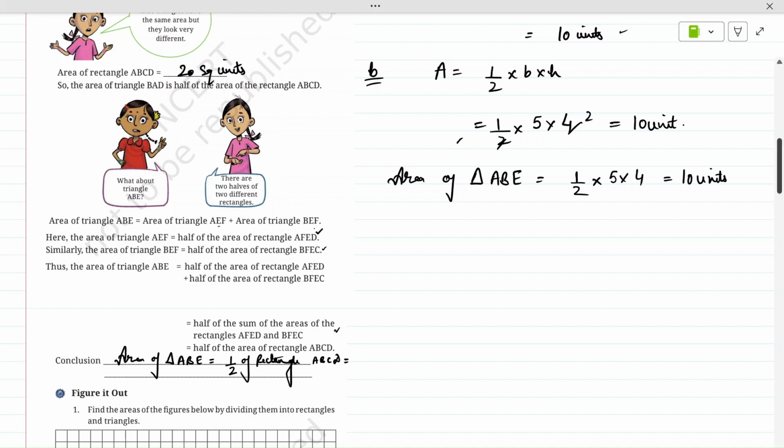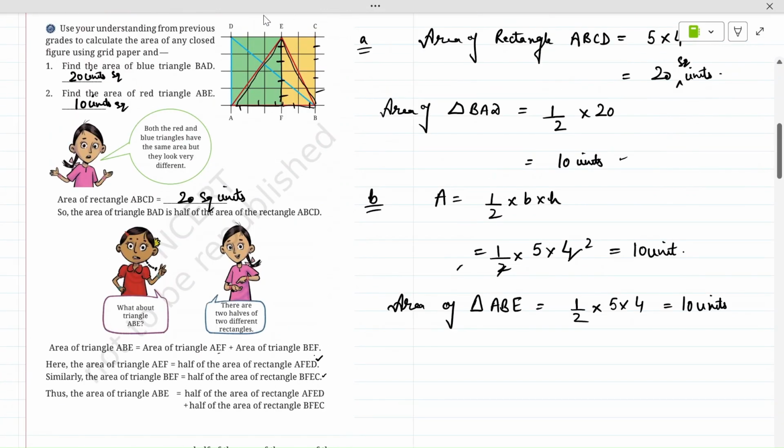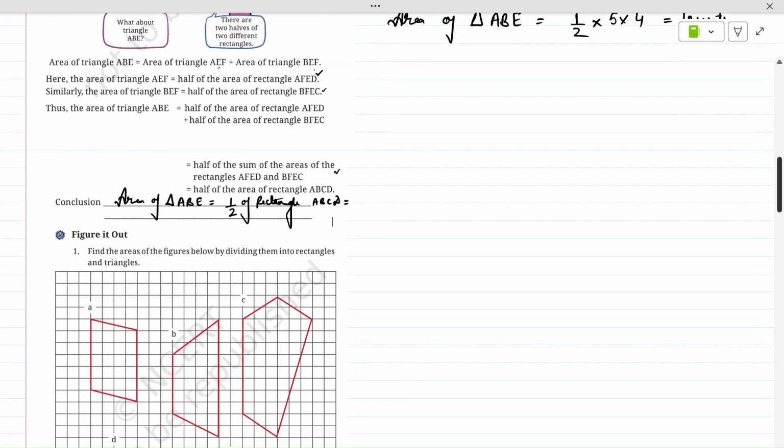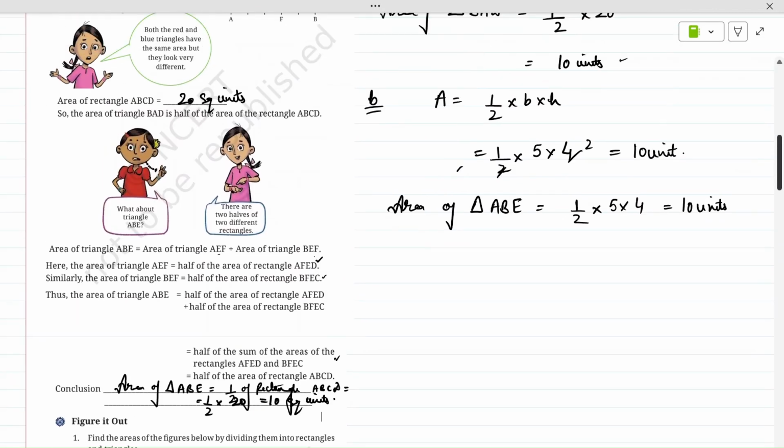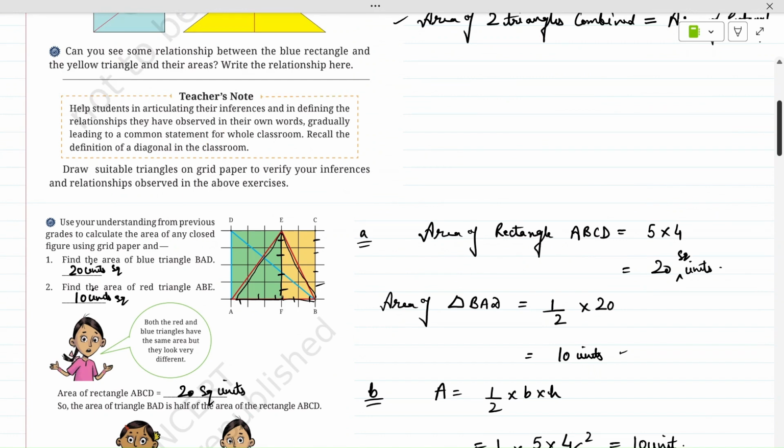Because if you see these two rectangles, the sum of these two rectangles is the complete one. So half of the sum of these two rectangles is half of the complete ABCD. So this is equal to half of the complete 20, which is equivalent to 10 square units. The same thing we have derived here.